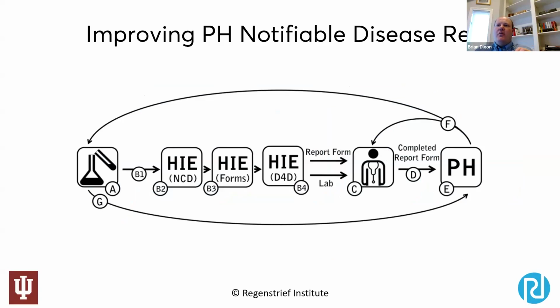So we know that a core function of public health is to surveil infectious diseases and other diseases too. But if we use the concept of, whether it's COVID or influenza or any other, we have a measles outbreak right now in the US, whatever the infectious disease might be, we know that when there are new cases, they need to be reported to public health or to the ministry.